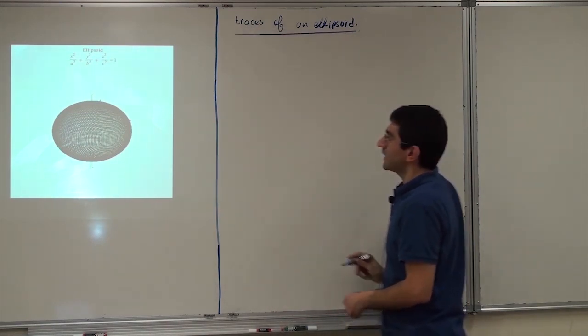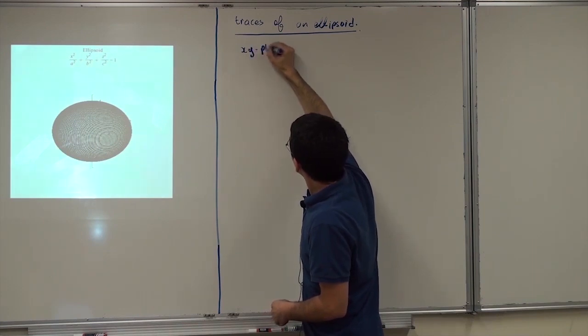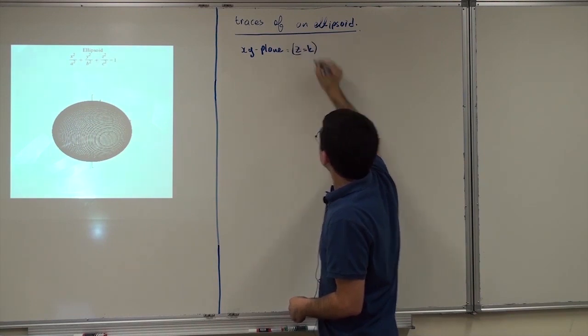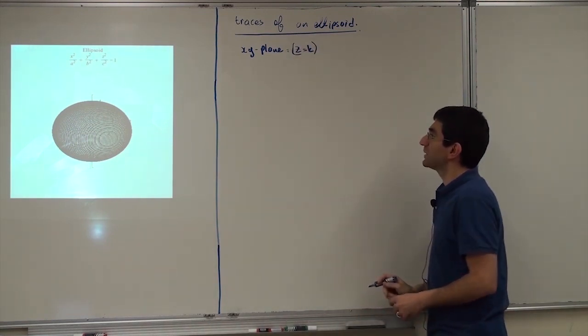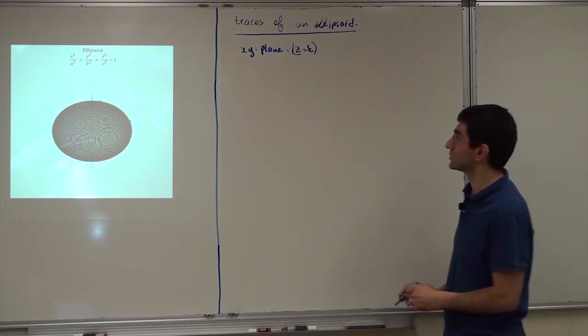Now, to find the traces on the xy plane, I need to intersect my ellipsoid with a plane parallel to the xy plane, which is a plane of the form z equals k.